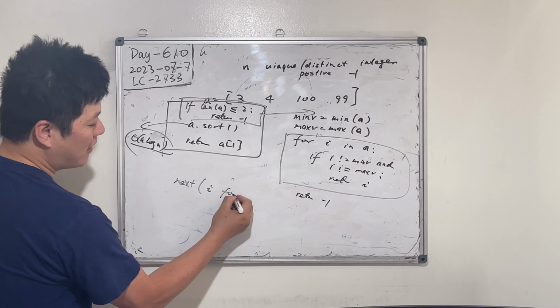Can we find a number which is not the maximum and minimum? If there are a million numbers here, do we have to go through the million numbers? For example, with sorting, we need to go through the million numbers. Here, we only need to check.